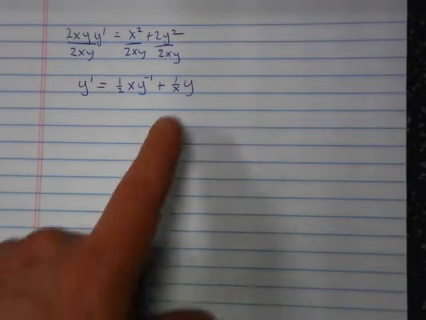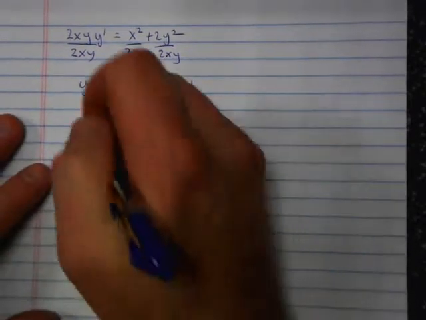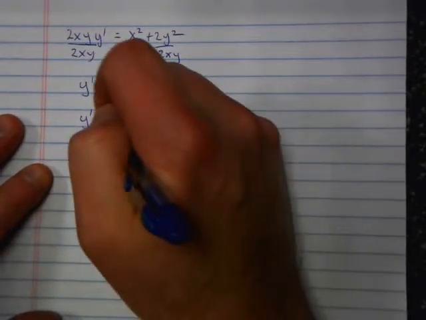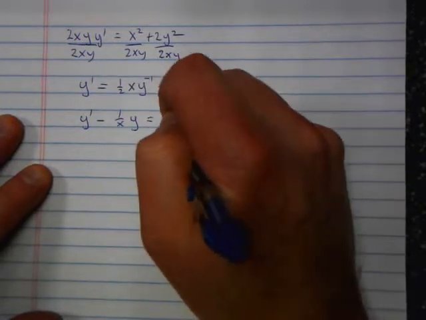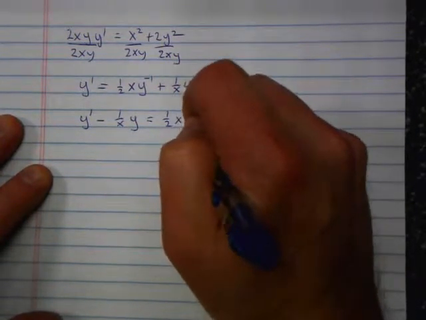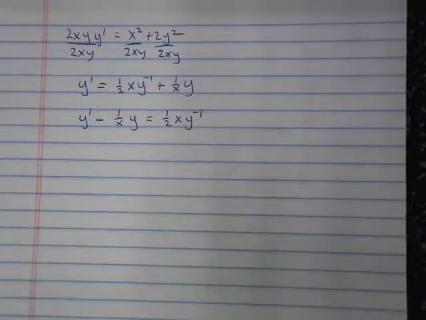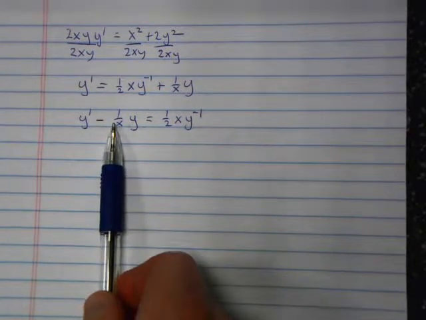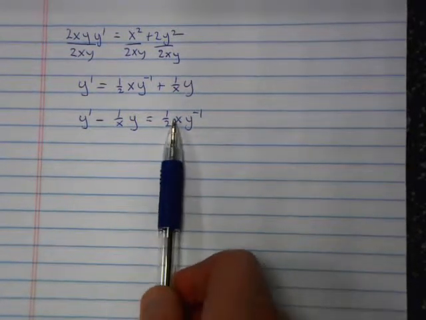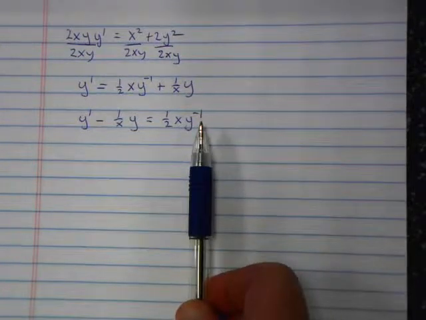And then if I move the 1 over xy over, I have y prime minus 1 over xy equals 1/2 x y to the negative 1. And I do believe that fits into the Bernoulli pattern, because in Bernoulli you have y prime, you have a p of x y, and then you have a q of x y to another power.